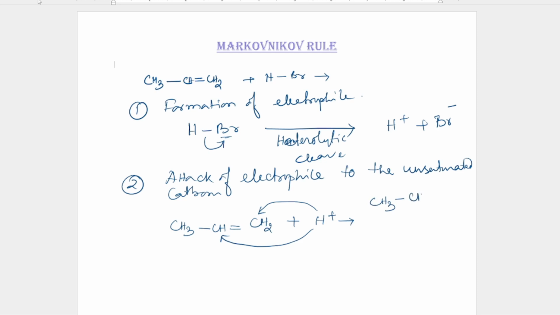CH3 CH, if hydrogen attacks here, this bonded electron will be transferred here because this is H plus. So this bond will form by taking these double bonded electrons, and this CH2 will get a positive charge. If this hydrogen attacks this element, what will happen?